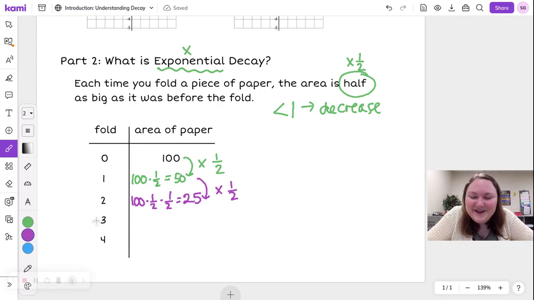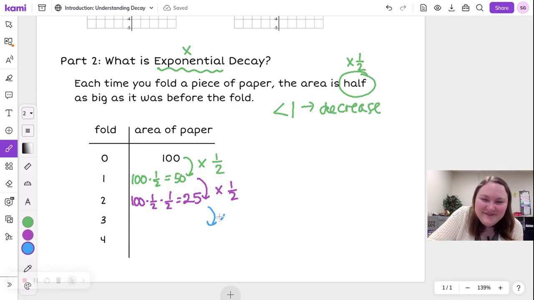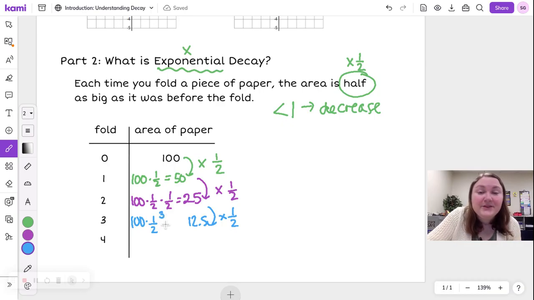Go ahead, pause the video, and try figuring out what the area would be for your third and your fourth fold. For your third fold, you could take your 25 and multiply it by 1/2, and that would give you 12.5. You could also take that 100 and multiply it by 1/2 times 1/2 times 1/2. Now, I could write 1/2 times 1/2 times 1/2, or I could use that exponent, that cubed right there, 1/2 cubed, which would mean 1/2 times 1/2 times 1/2 to get that answer.